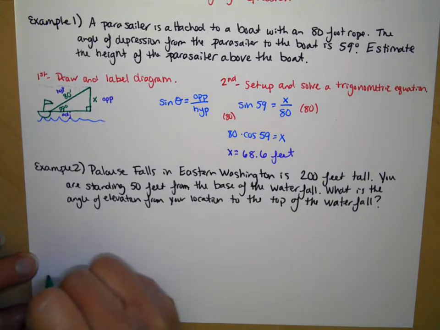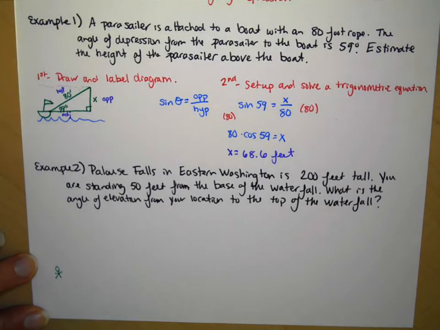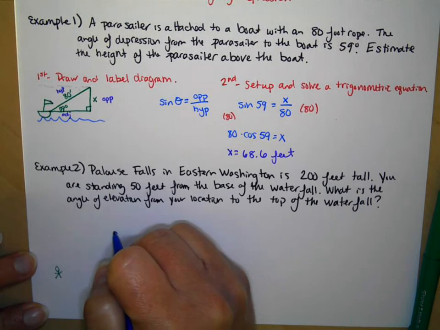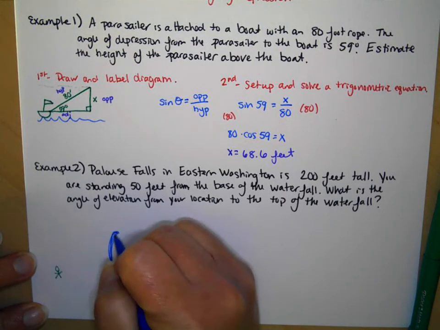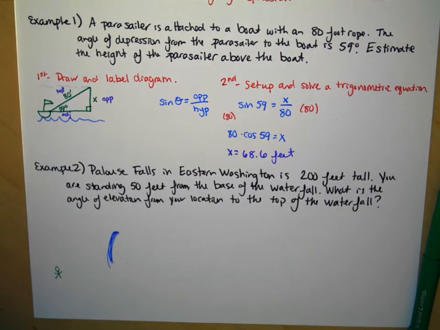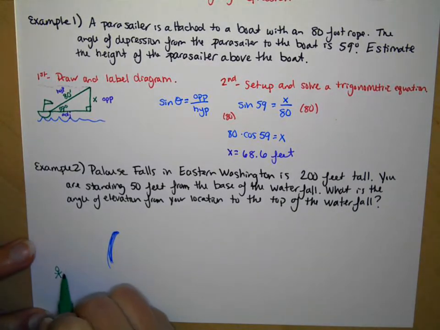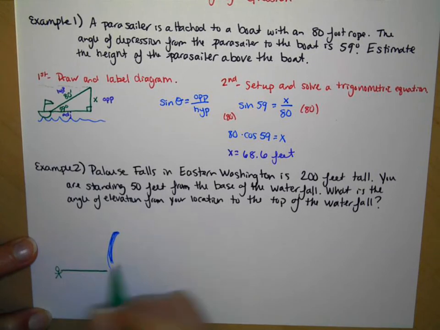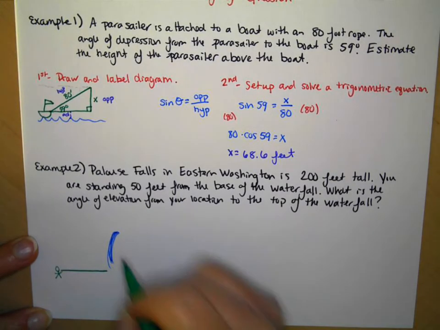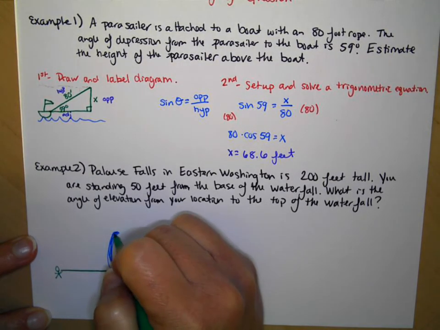So here we are. I have a beautiful stick figure. We have this waterfall. Okay, beautiful waterfall. And if we draw this in with a right triangle, and I'm seeing that it's obviously not to scale, but that's okay.